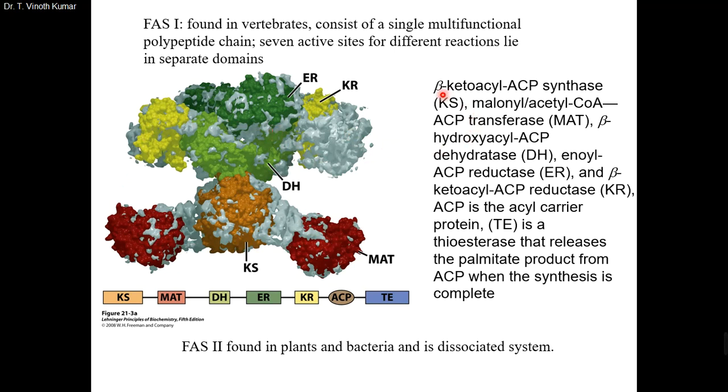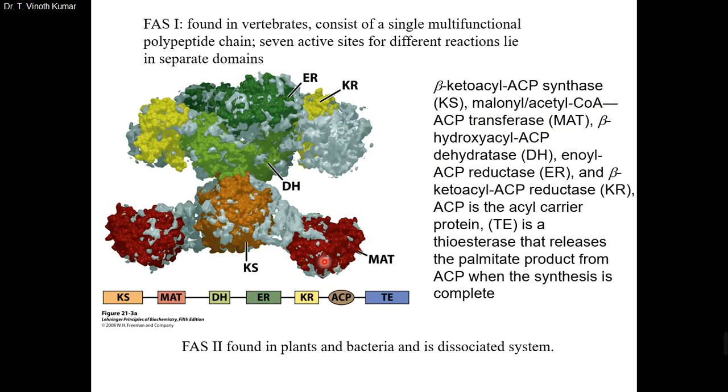The first domain is the beta ketoacyl ACP synthase domain, called the KS domain. And the malonyl ACP CoA ACP transferase domain is the MAT domain. This is the MAT domain, that is malonyl or acetyl coenzyme A ACP transferase domain.